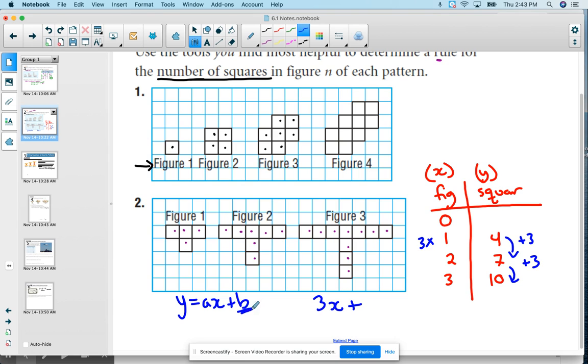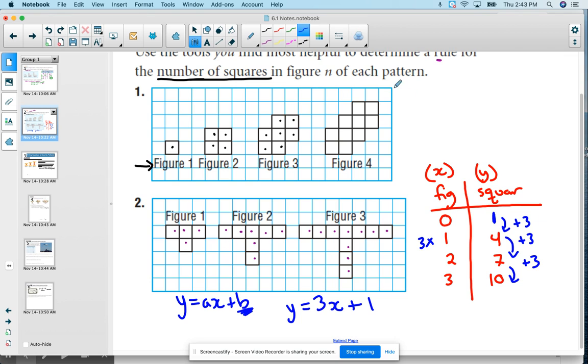Now, what's the constant? I figure that out by going to figure 0. So I'm going up by 3s. So that means this should be 1. So my constant, because it's a positive one, is going to be plus 1. And right now it's an expression. And as soon as I put it equals to y, there's my equation.